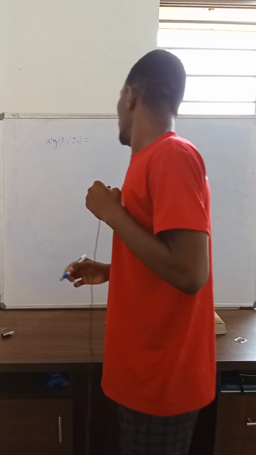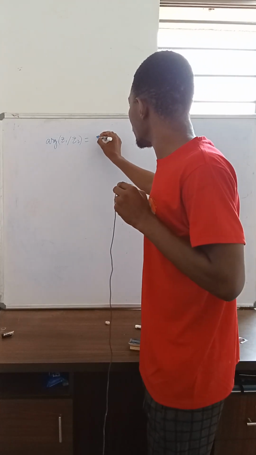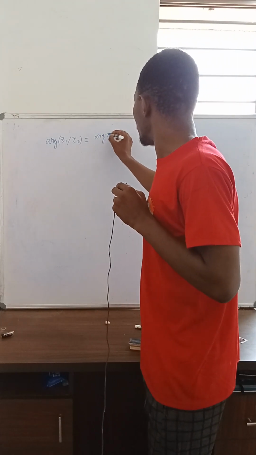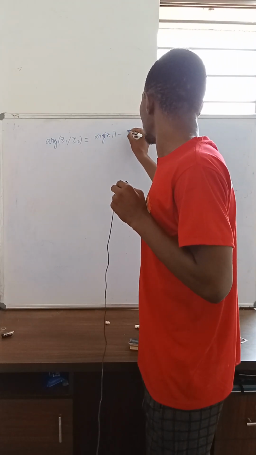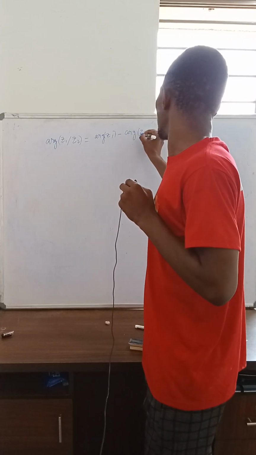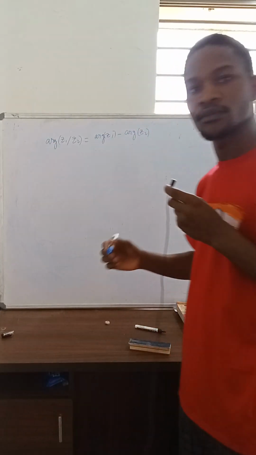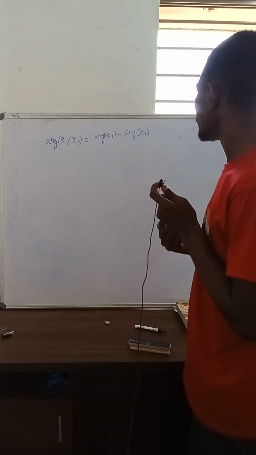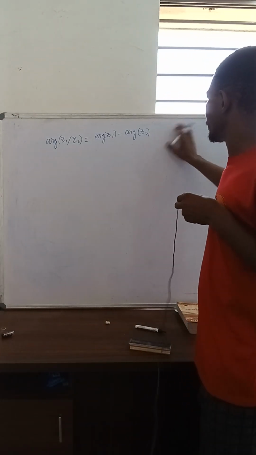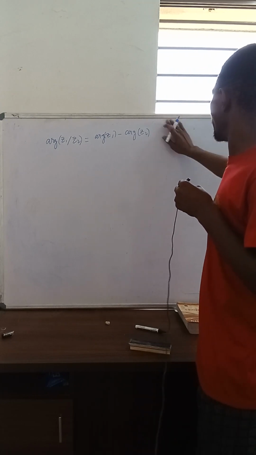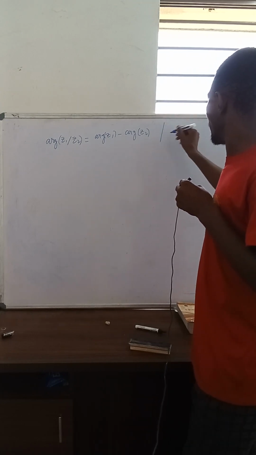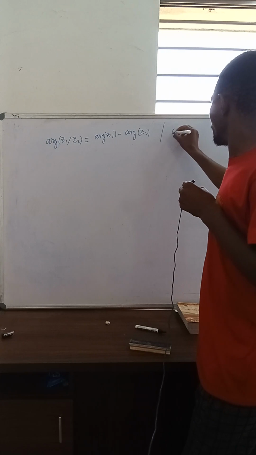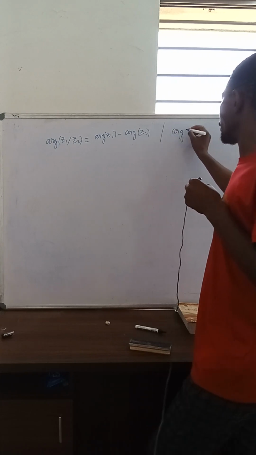They say this is the argument of z1 minus the argument of z2. That's what I say. And there is something else about the argument that I would like to explain also. Maybe I will prove it.